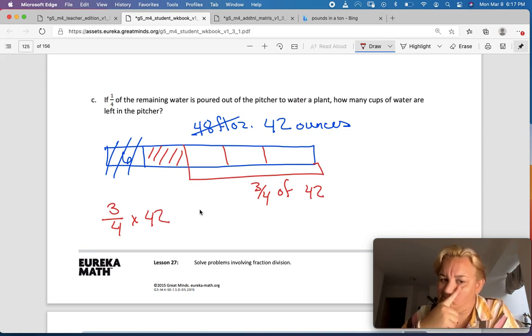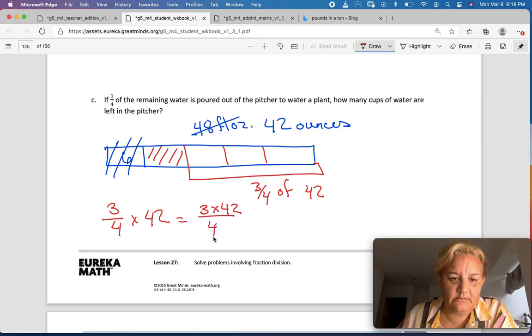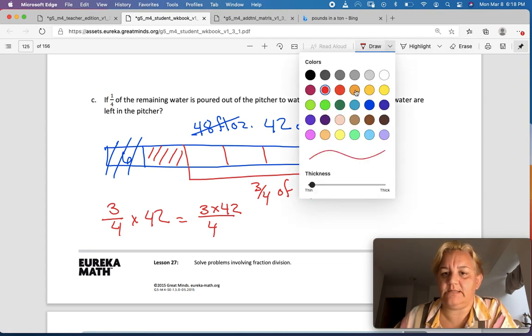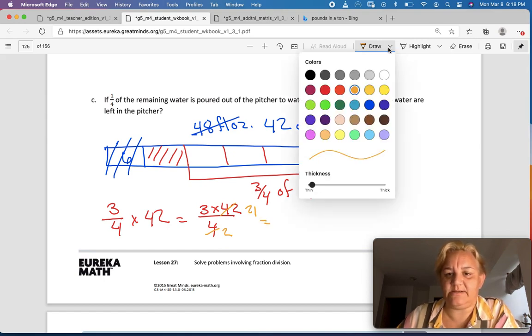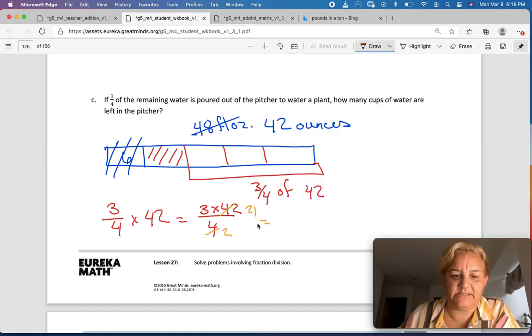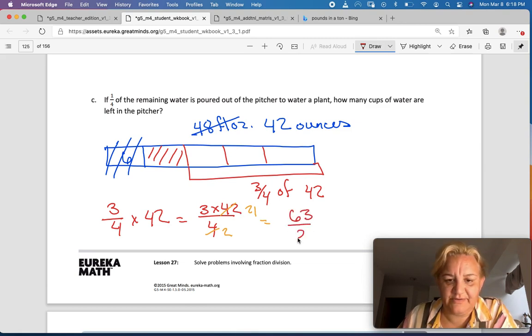And let's simplify that immediately. Can we divide? Well, we can. Let's just try this. All right. You guys might be faster at this than I am. So I'm going to divide this by 2 and get 21, and this by 2 and get 2. And now my new answer, it's just a little bit smaller, a little bit easier to deal with, is 63 over 2.